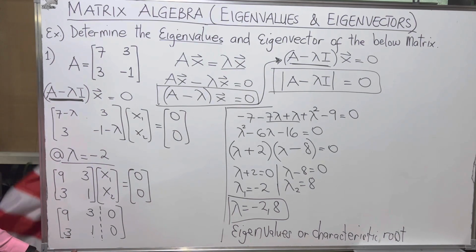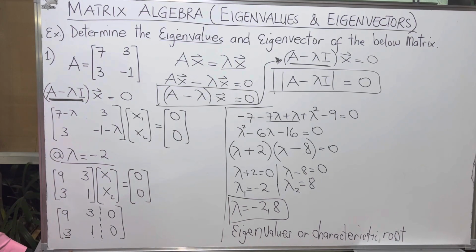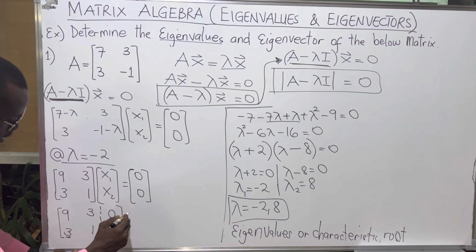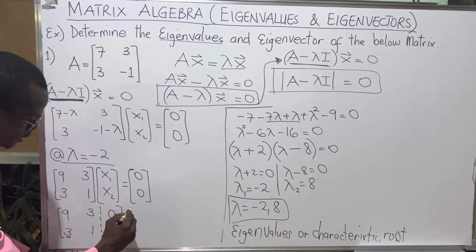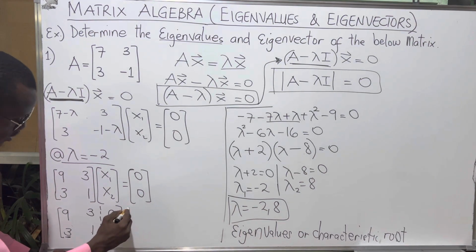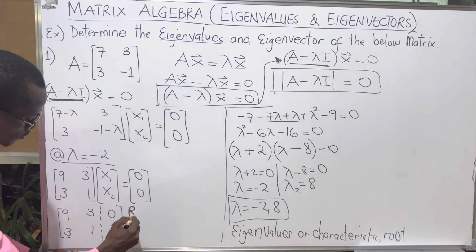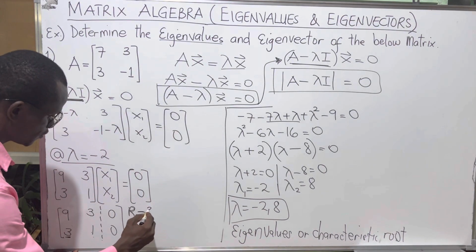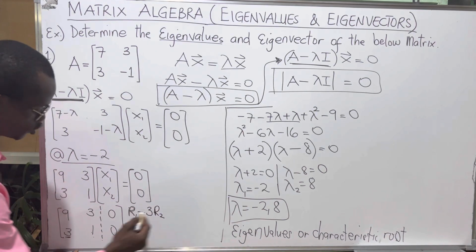If we put it in row echelon form, this is 3, so we need to have a 0 right here. Since we need 0 here, we can say row 1, which is 9, minus 3 times row 2.